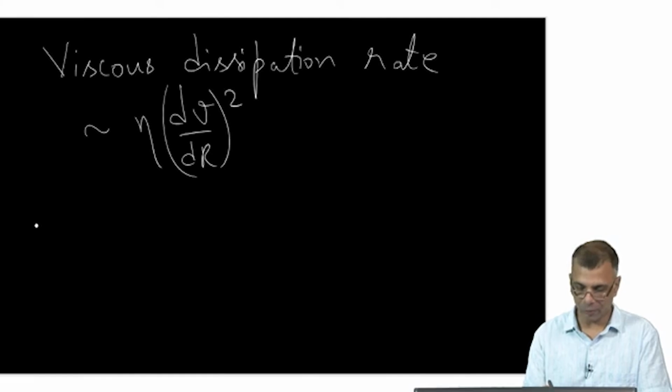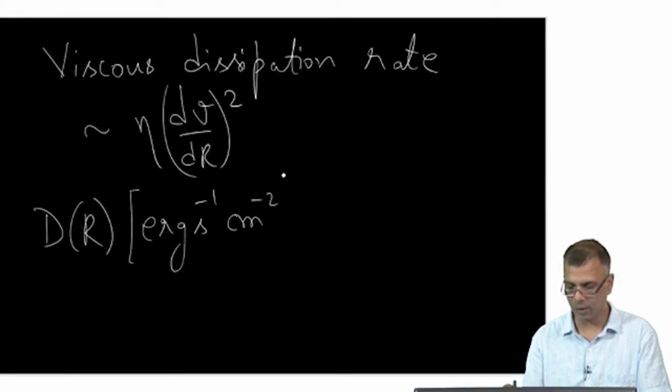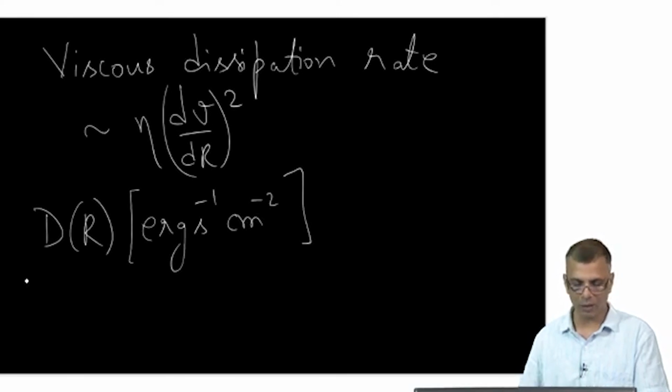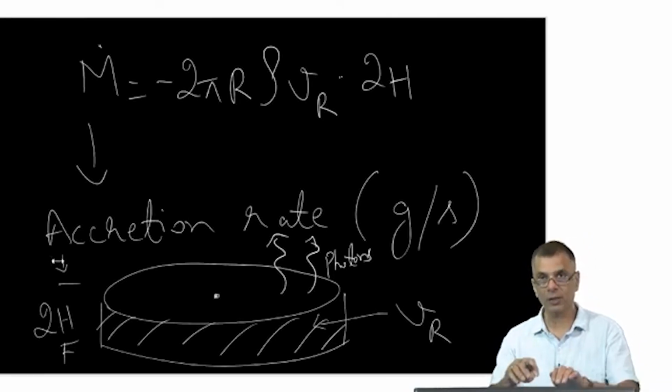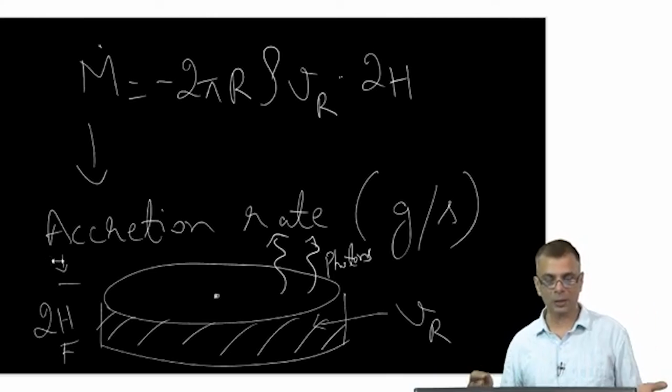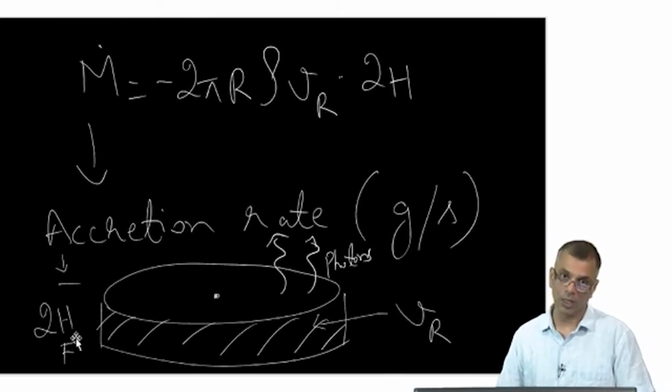In particular, if we write down an expression for D of r, which is given by ergs per second per centimeter squared, this would essentially represent the energy flux coming out from the face of the accretion disk, which is essentially what we would observe.